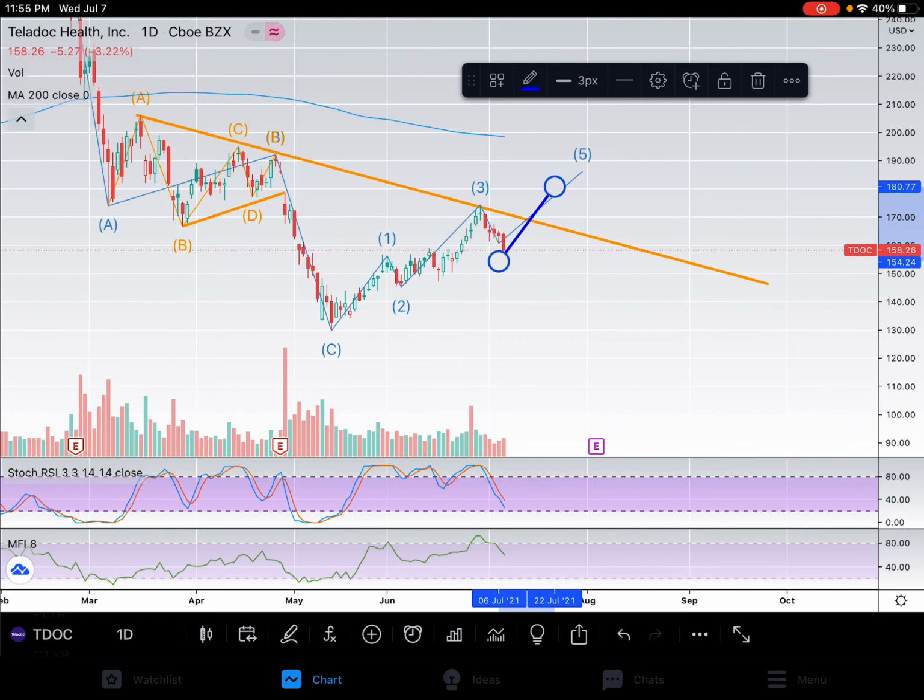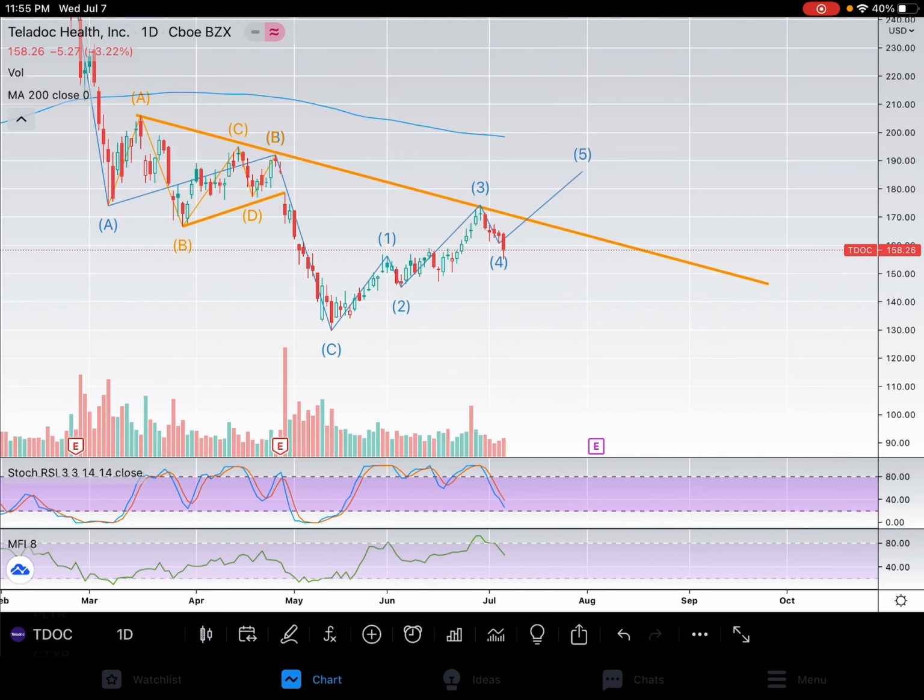Depends. Hopefully the markets are kind to it. But after this wave 5, I could see it retracing back down and retesting this breakout.